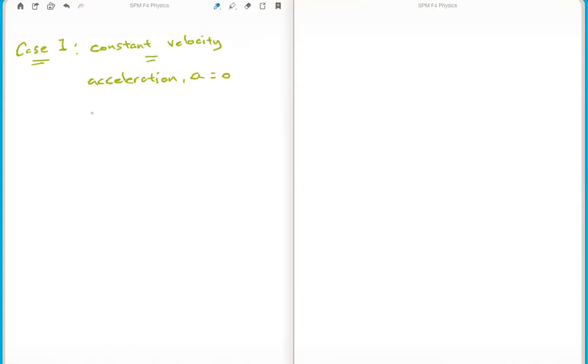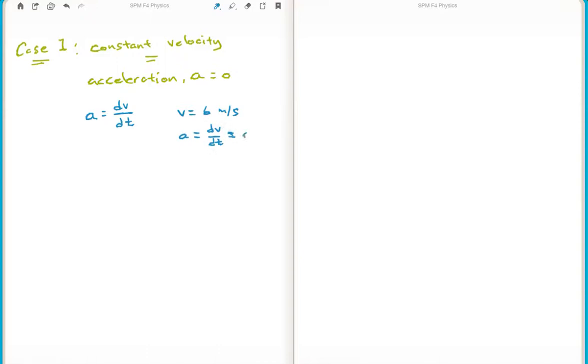Based on what we have learned, acceleration is actually the rate of change of velocity. If it were constant velocity, say v doesn't change with time, it's a constant number, let's say only 6 meters per second. If you differentiate dv/dt, differentiating a constant number, you learn from Form 4 maths, you may look through my video on differentiation. What happens when you differentiate a constant?